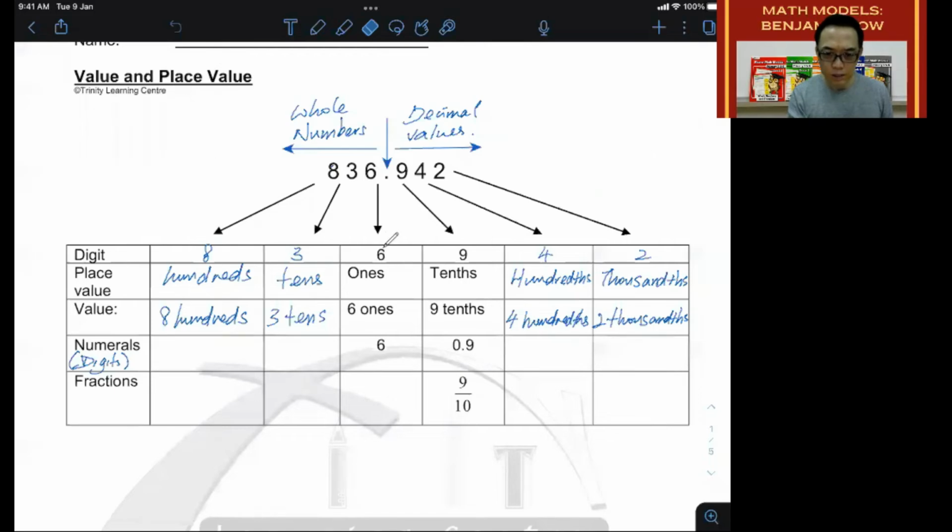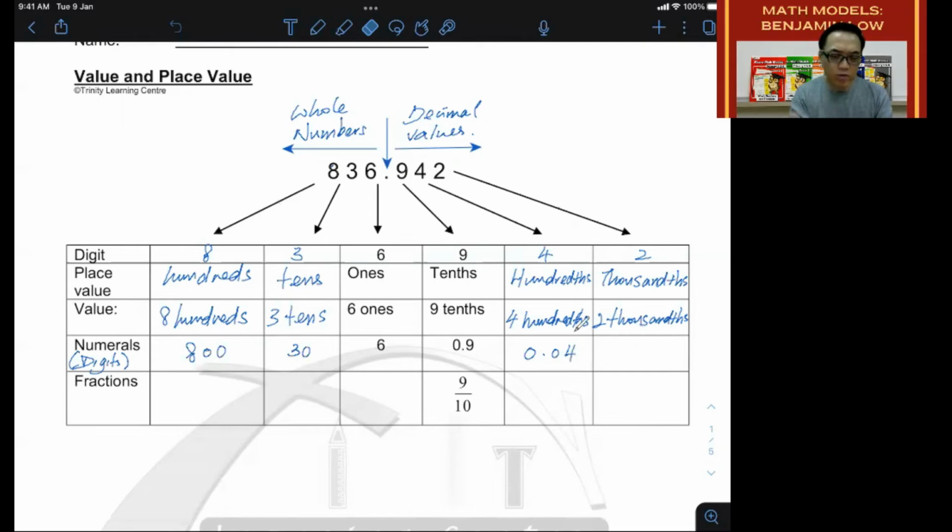So for the 6, you can see it is 6 ones, and that has a value, okay, because we are still talking about value here, of 6. So 3 tens has a value of 30, and 8 hundredths, 8 times 100 will be 800. Okay? On the decimal side, we will have 0.9, okay, which is less than 1 whole, and for 4, it is 0.04.